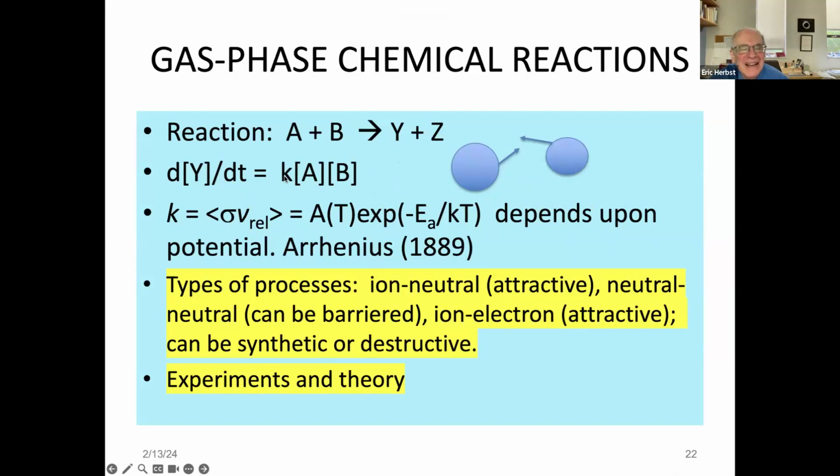Chemists like so-called rate constants or rate coefficients. And many of these systems have barriers, Boltzmann-type barriers, which slow them down. And ions, when they react with neutrals, typically are not slowed down. And so we have a lot of different types of things happening between ions and neutrals in the gas phase.